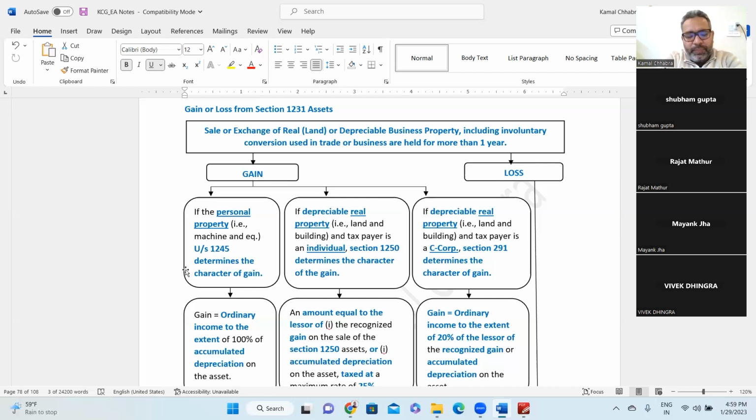This is your real property, and in that you have some depreciable assets also, like equipment. So in the $1 million of investment, let's assume $500,000 you have invested in the infrastructure, and $500,000 in the equipment.